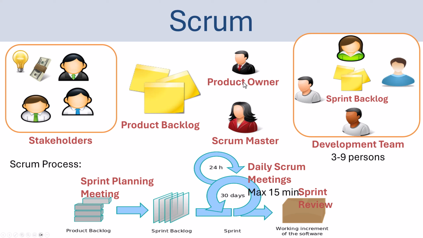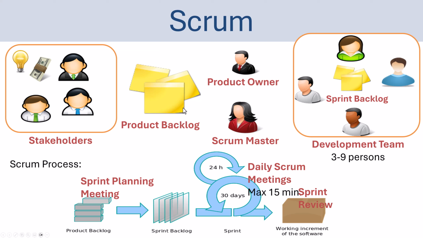Typically, he is not working in the development company, but he is part of the customer company. And then you have so-called stakeholders, that are persons that are in some way interested in this project. It could be different customers, it could be those who are paying for the project, etc.